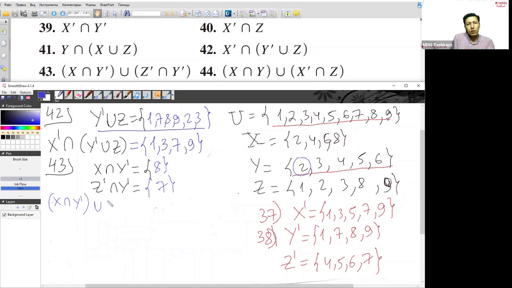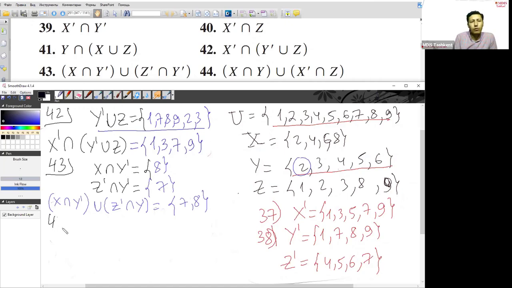So union. Now you have to unite these two sets. So you just write 7 and 8. That's it. If you don't have same elements, then intersection will be empty set. You write equal empty set.